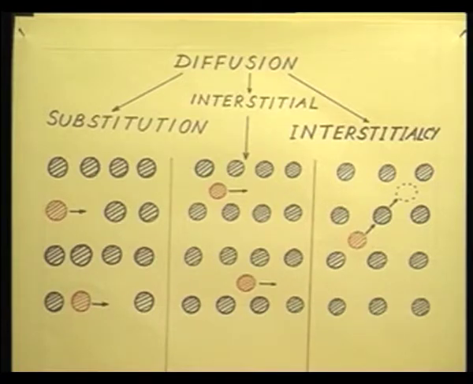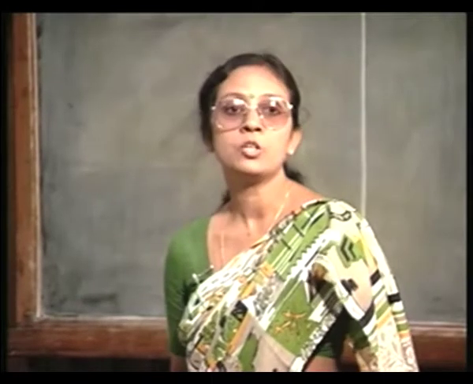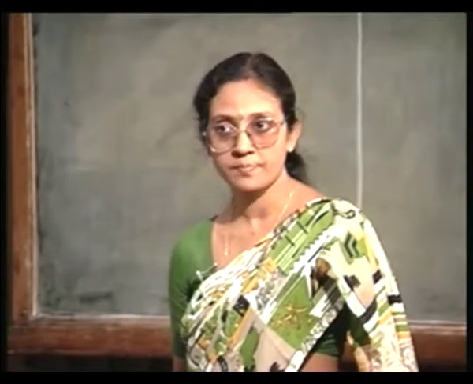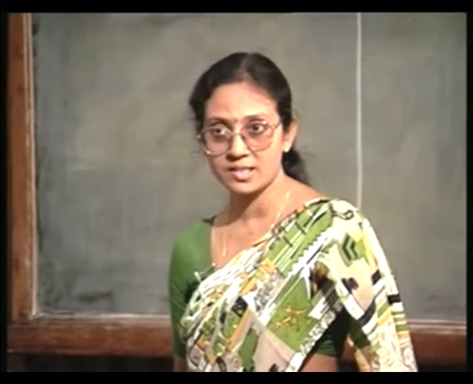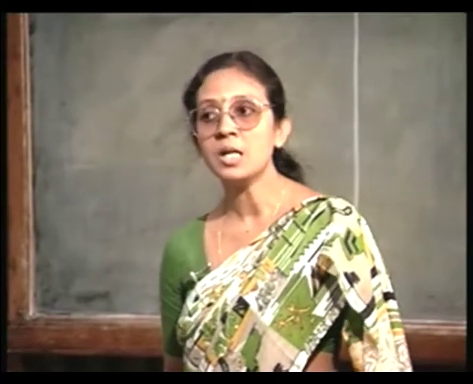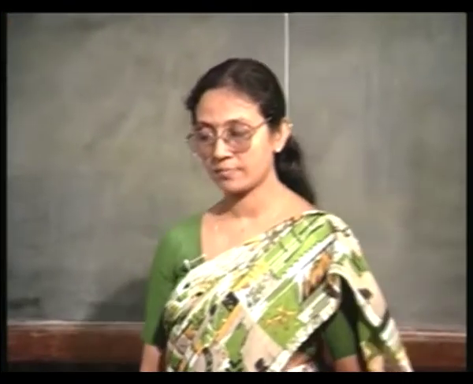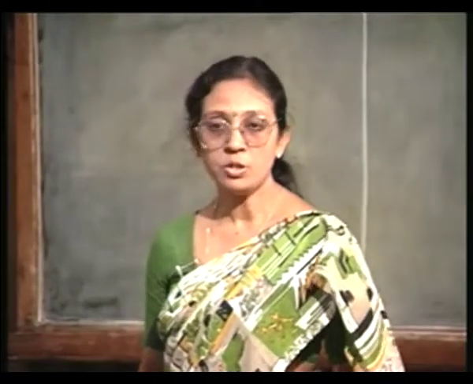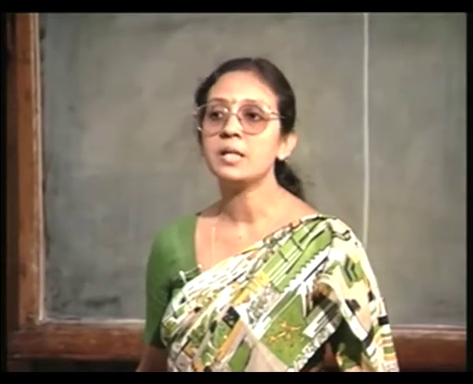You can well understand that the movement is going to be relatively unhampered. It does not have to wait for a vacant site. Interstitial space is anyway available, it can move in through this interstitial space. So, movement is going to be much faster when the impurity diffuses through the interstitial spaces. Okay? So, this is called diffusion by interstitial.